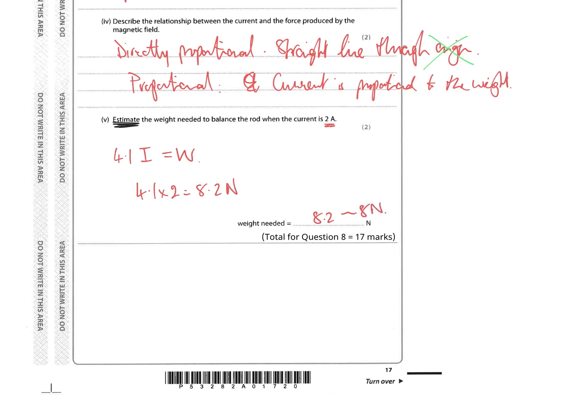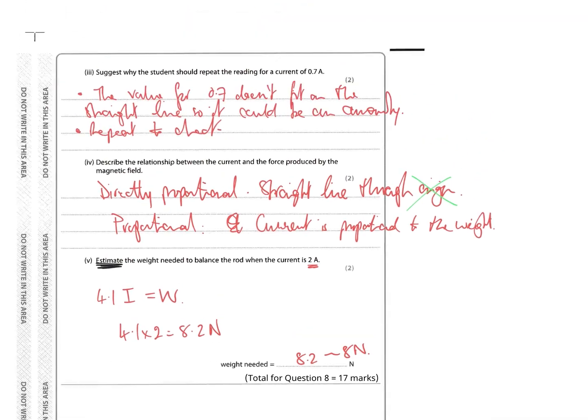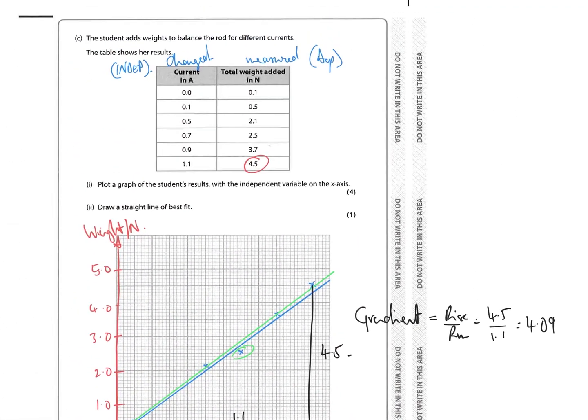That looks like a very mathematical and a difficult way to do it, but what I think it's roughly saying is, well, if 1 amp is about 4.5, roughly, then 2 amps is going to be somewhere around 9-ish.